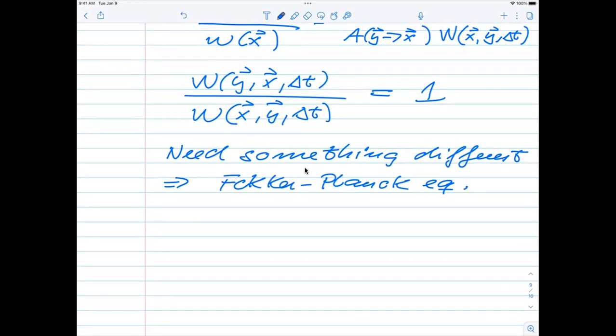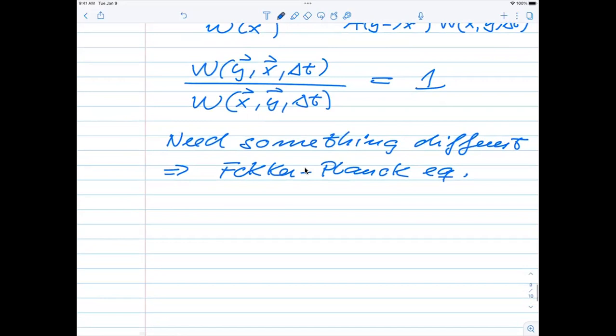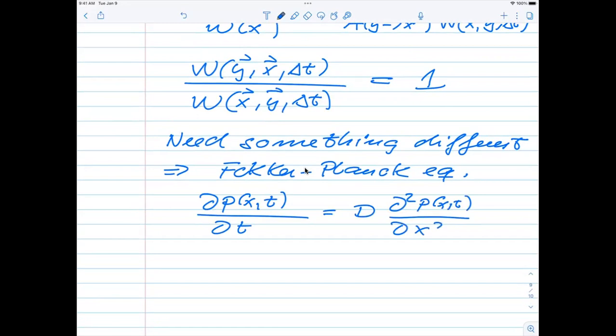If you think of the diffusion equation, you have a probability P of x, let's keep this in one dimension. P is a probability like our W of t, given by some diffusion constant, and then the second derivative with respect to x. This term plays the role of a kinetic term.